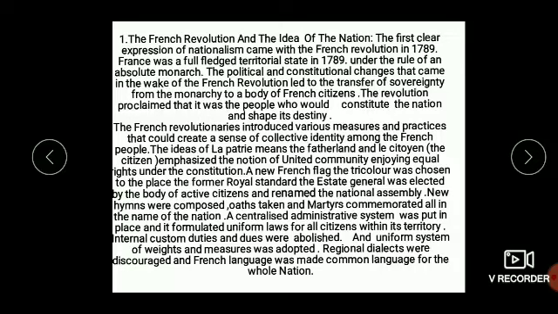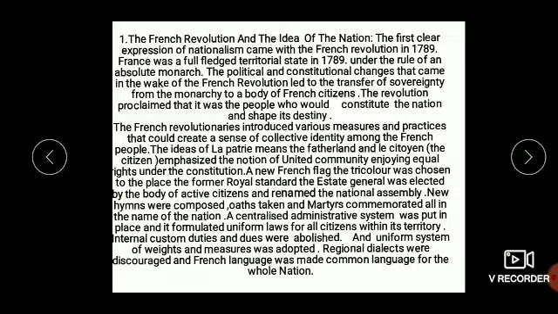The French Revolution and the ideas of the nation. The first clear expression of nationalism came with the French Revolution in 1789. France was a full-fledged territorial state in 1789 under the rule of an absolute monarch.